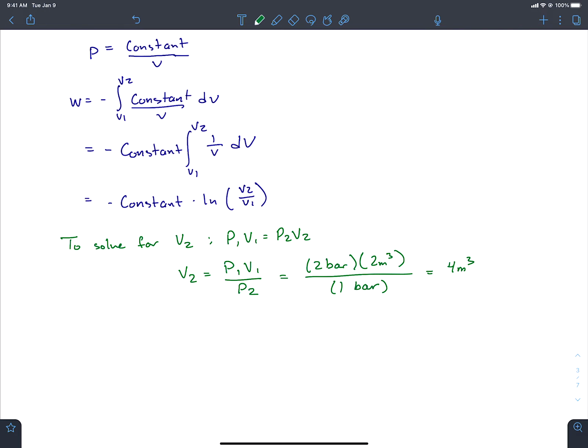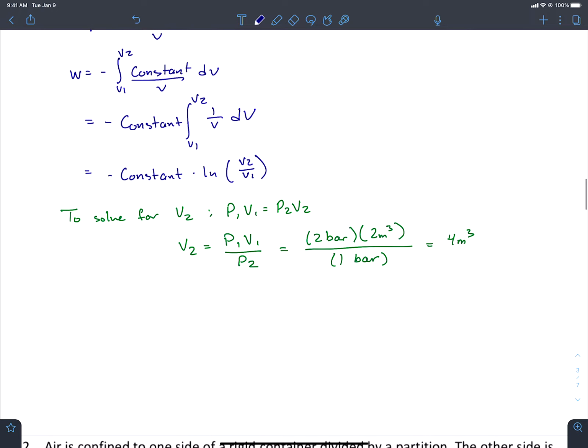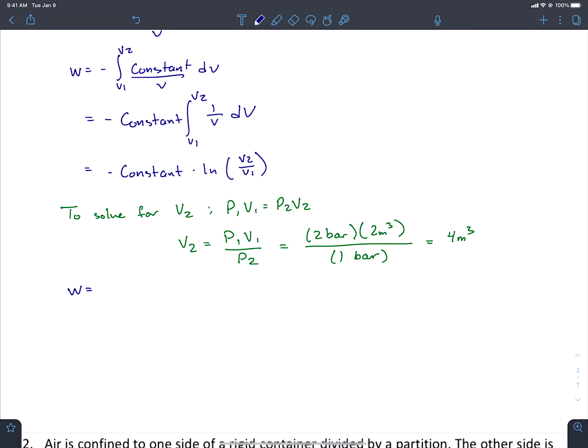Which gives you V2 plus 4 meters cubed. So now just going back and solving for W. W equals negative P1 V1 times ln of V2 over V1, which equals negative 2 times 10 to the 5th Pascal times 2 meters cubed times the natural log of 4 meters cubed over 2 meters cubed.